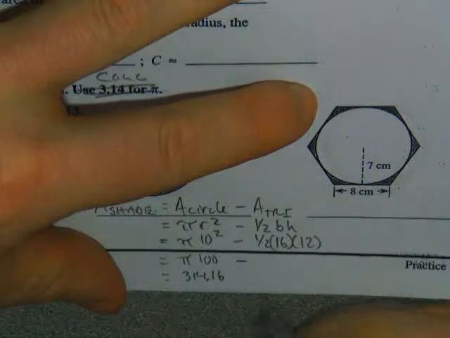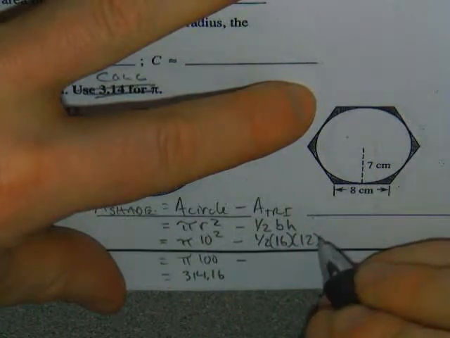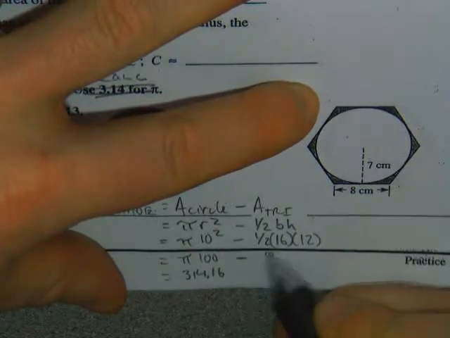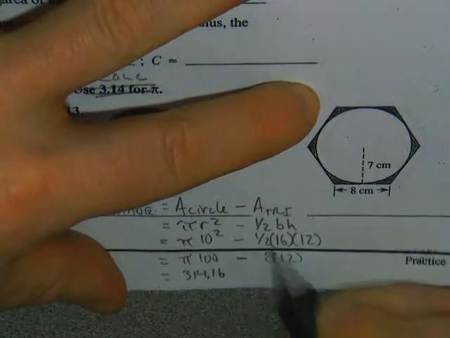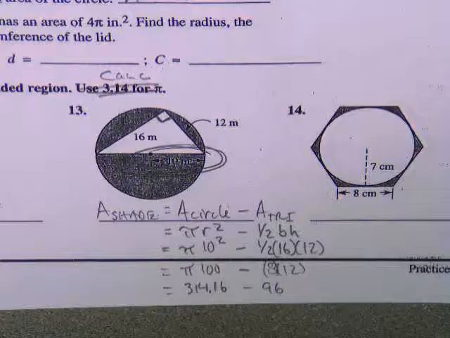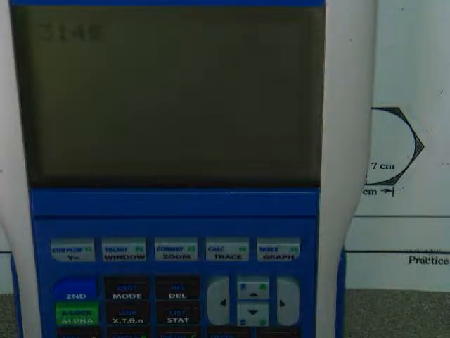1/2 times 16 and 12. I like to just take half of one of the easy numbers. So I'll go 8 times 12, which is 96. Now 314.16 minus 96 is 218.16.